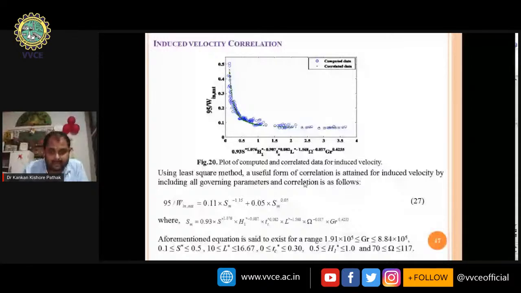This correlation is valid within the range of the Grashof number between 1.91 into 10 to the power 5 and 8.84 into 10 to the power 5. Similarly, S star is between 0.1 and 0.5, and non-dimensional length is between 10 and 16.67. Clearance is between 0 and 0.30, and non-dimensional height is between 5 and 1. And fin parameter is 70 to 117.